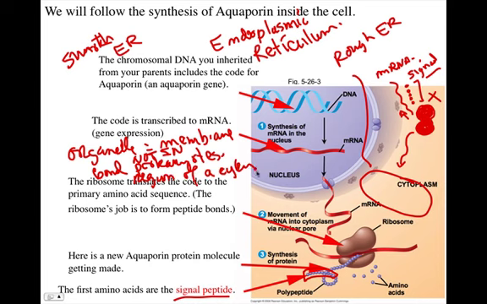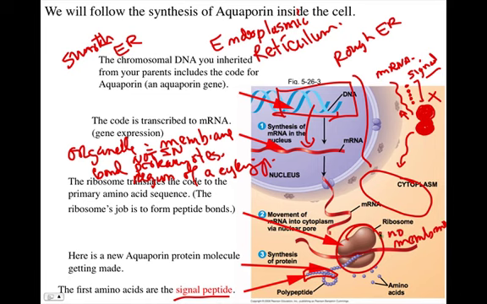So we already learned about the nucleus, and the function of the nucleus is its storage site for DNA and the site of mRNA synthesis. Then the ribosome is considered an organelle, even though it's not bound by a membrane. And the ribosome's function is the site of protein synthesis.